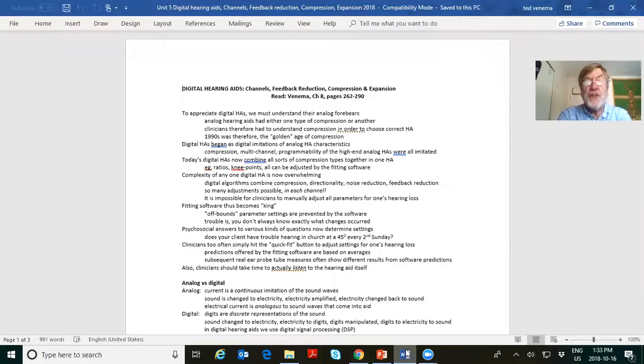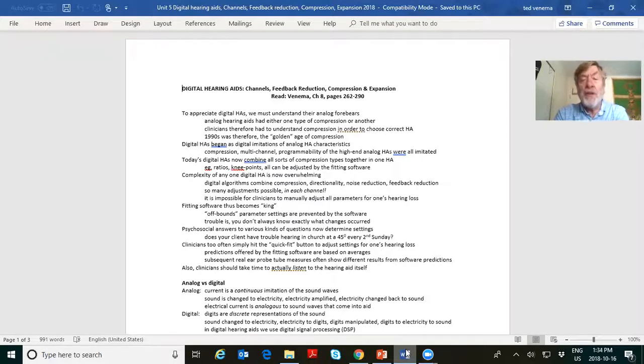To appreciate digital hearing aids, we've got to understand their analog forebears, and that's what we did in the first half of the class. Analog hearing aids had either one type of compression or another: output limiting compression or WDRC, or WDRC with both.